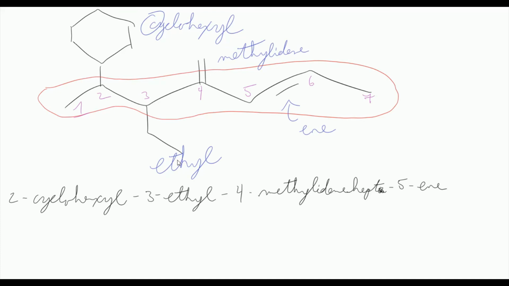So that's the name of this molecule: 2 cyclohexyl, 3 ethyl, 4 methylidene, hepta 5 ene.